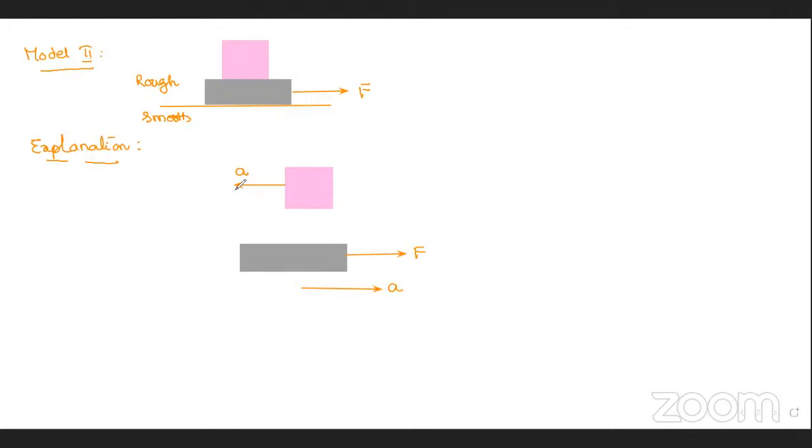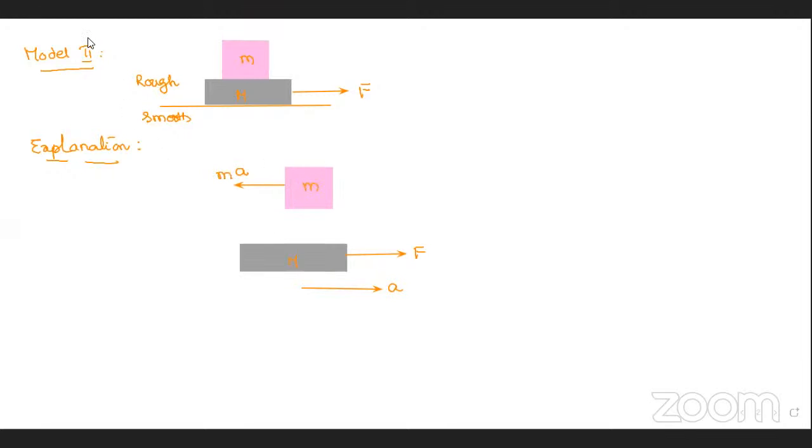Suppose its mass is small m for the upper one and capital M for the lower one, like in the previous problem. Then the pseudo force will be small m into A. This is the pseudo force.